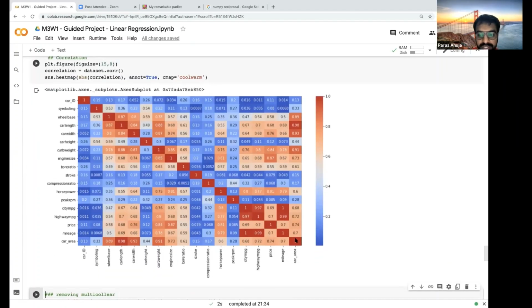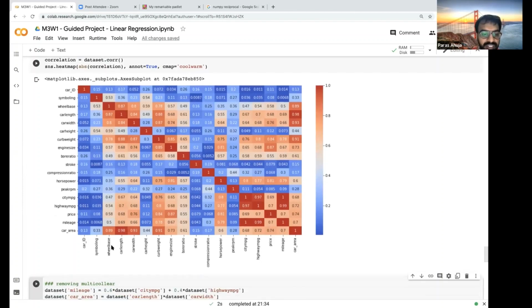You have this car area here and mileage here, right? We are trying to see wheelbase and car area. See, car area and wheelbase are very strongly correlated, right? But let's see which one of them impacts the price more.